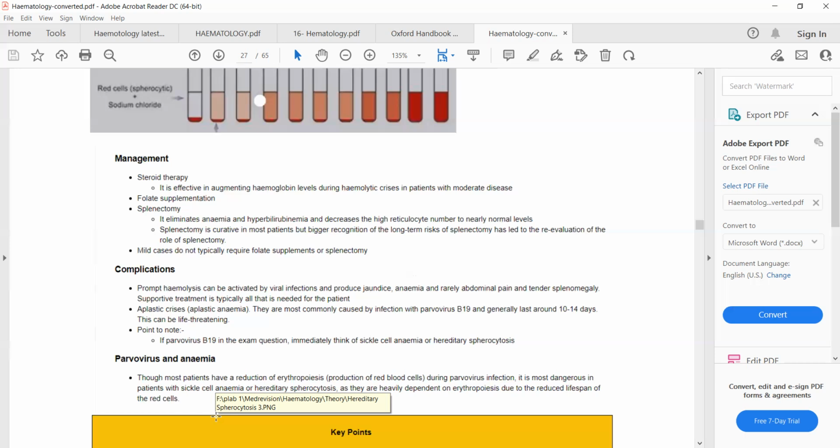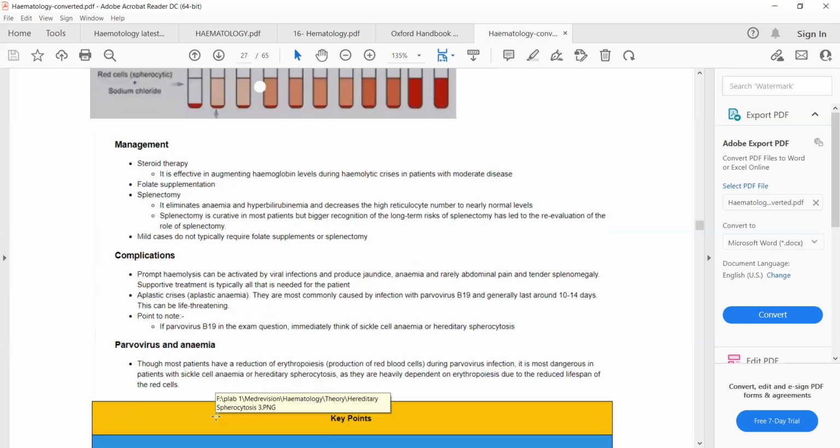So if someone with sickle cell anemia or hereditary spherocytosis gets a parvovirus B19 infection, they will develop aplastic crisis. So whenever you see parvovirus B19 in a patient, you will think of sickle cell anemia and hereditary spherocytosis.